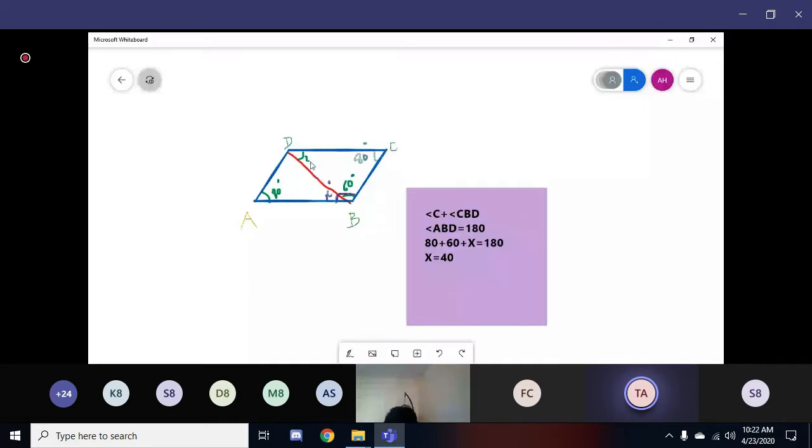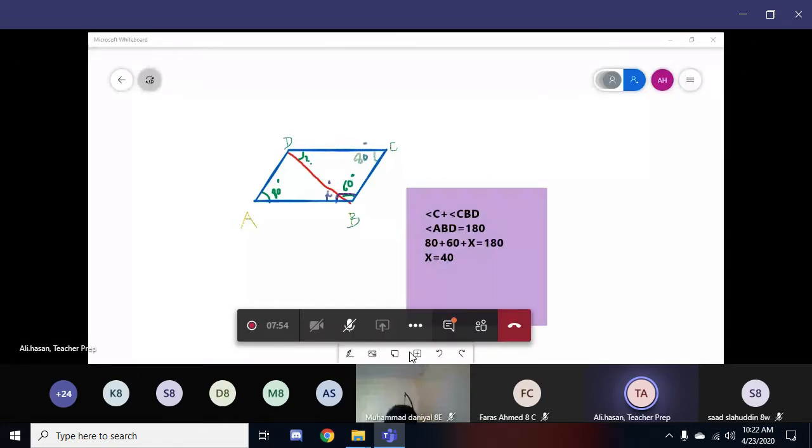Can anybody answer what is the relation between the two angles, the one we found and the one which was required? No, I'm asking what are these two angles?